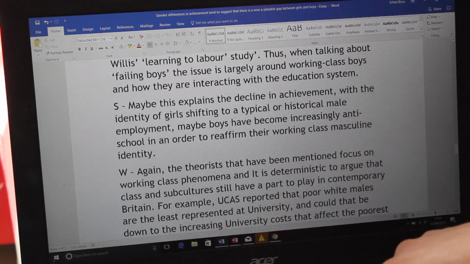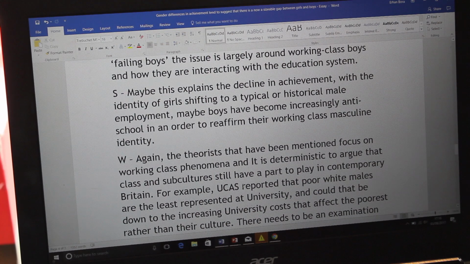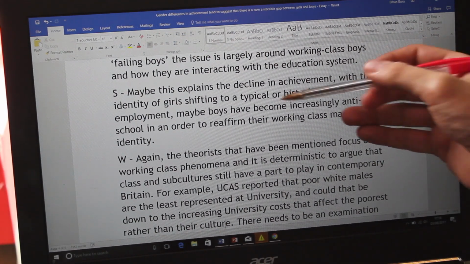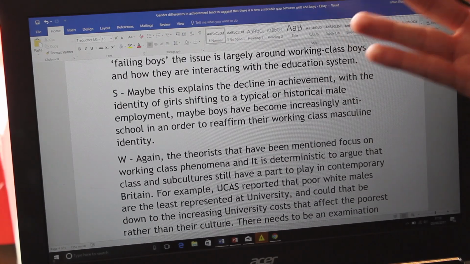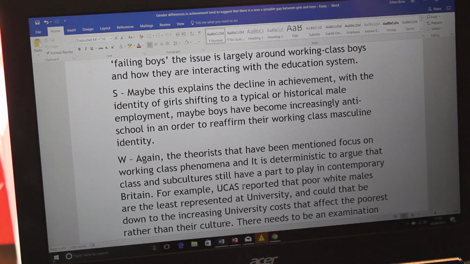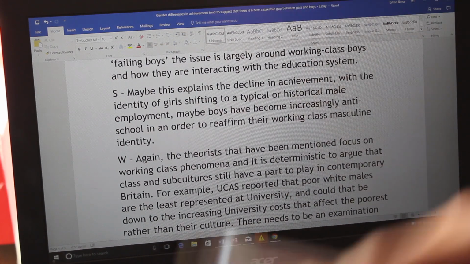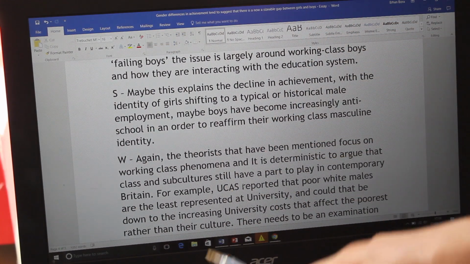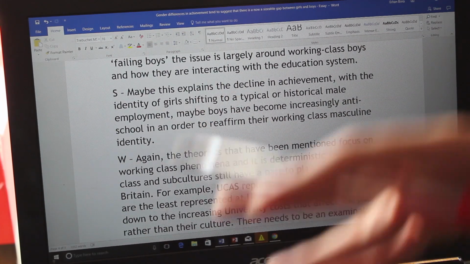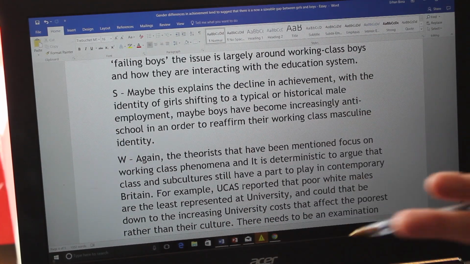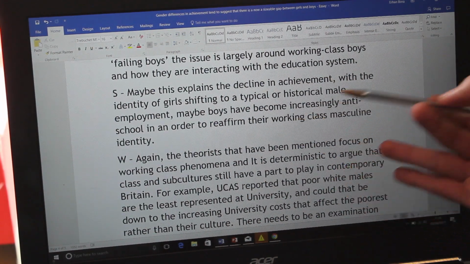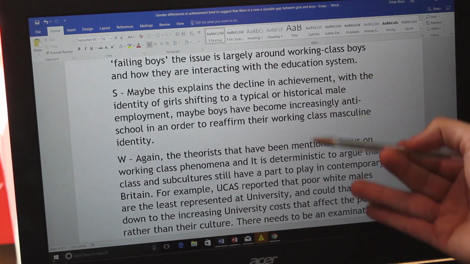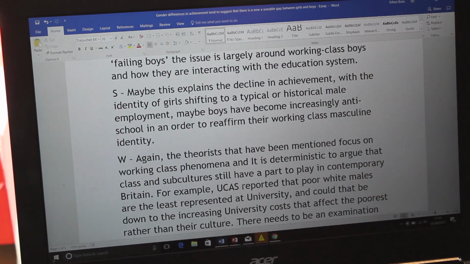So strength. Maybe this explains the decline in achievement, with the identity of girls shifting to typically or historically male employment. Historically, men would have had the bulk of the employment, but now girls are going into those industries. Identity, roles and attitudes in society are constantly changing, and maybe boys have become increasingly anti-school in order to affirm their working class masculinity.